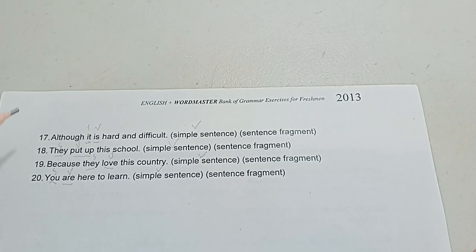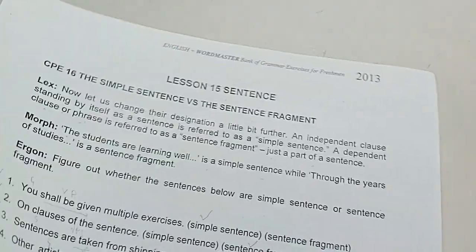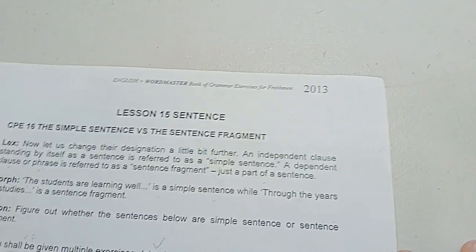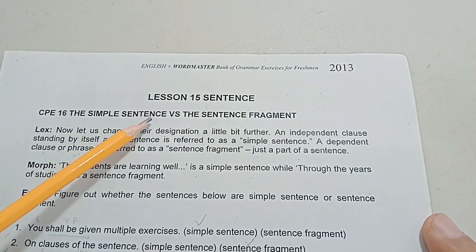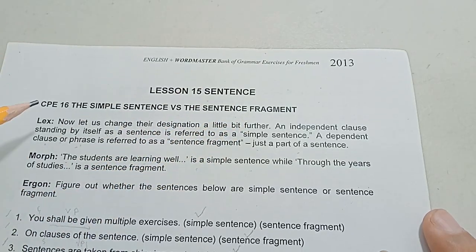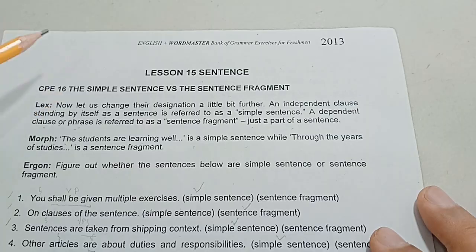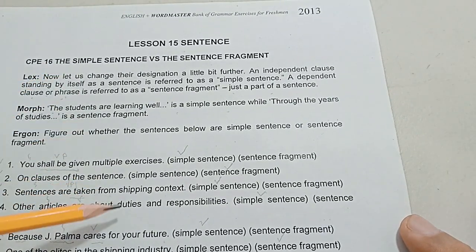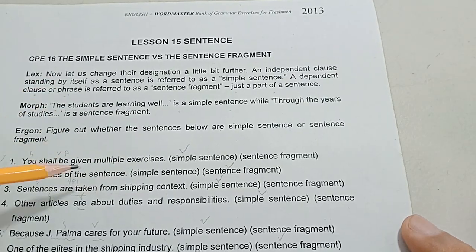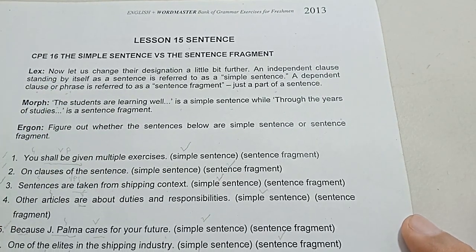Alright, I hope you are able to familiarize yourselves with this rule in grammar under the title, The Simple Sentence versus the Sentence Fragment. So we now understand that if you do not have the subject and the verb, then that particular group of words is just a sentence fragment.